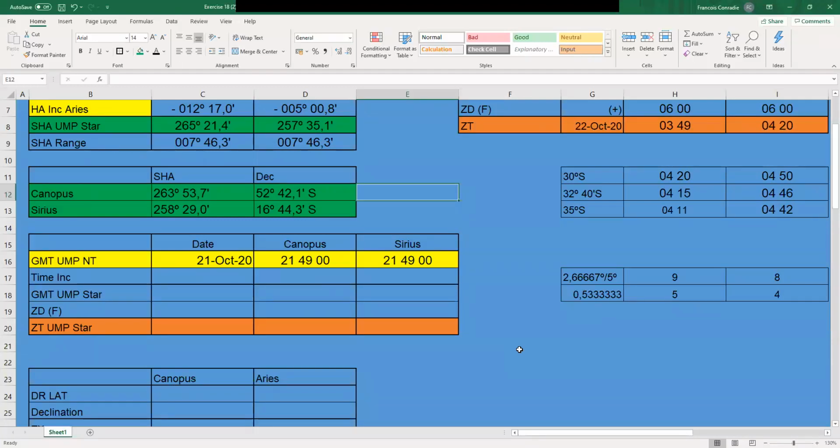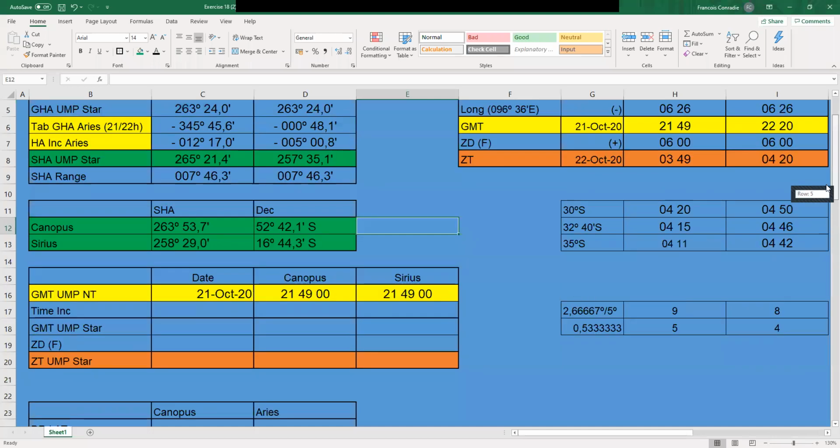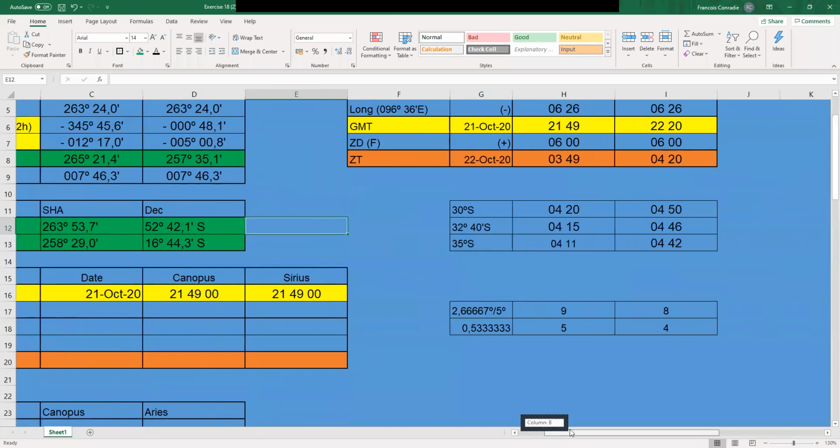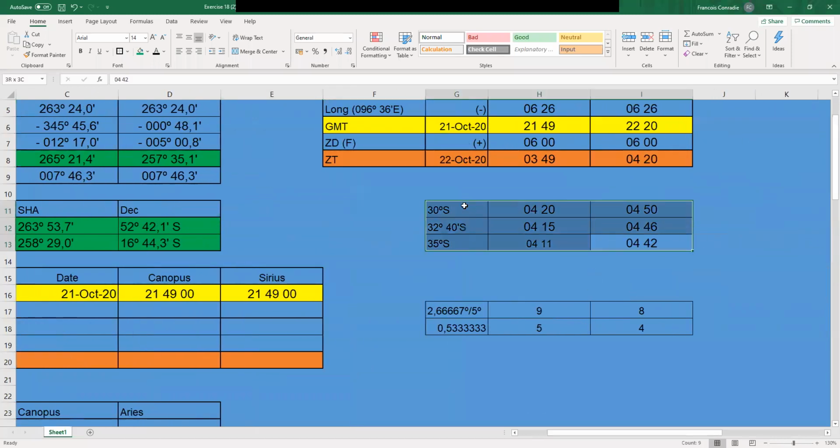Now, the next part is where it gets a little challenging. I'm going to use this table again since we've already got this constructed.